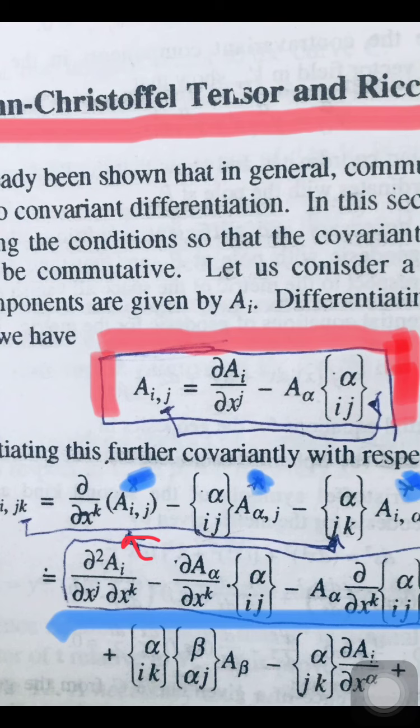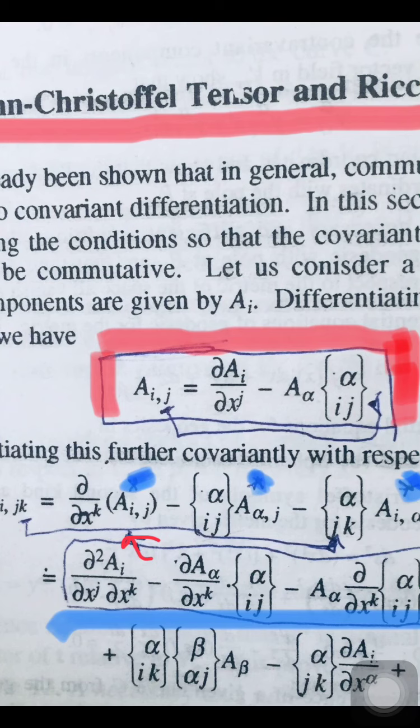That's why we have one extra term here, A alpha times Christoffel symbol alpha ij. This one term is extra because of that j. This is covariant differentiating with respect to j. When we differentiate with respect to j, we have one more term.